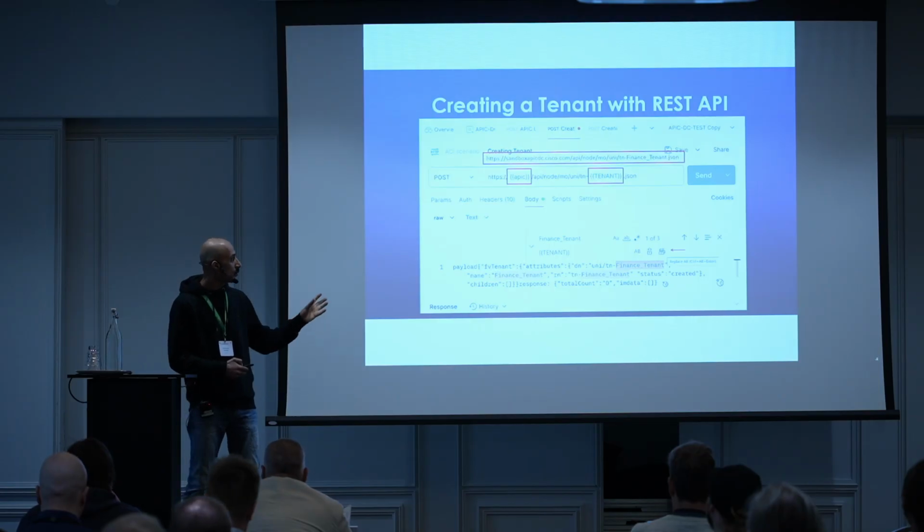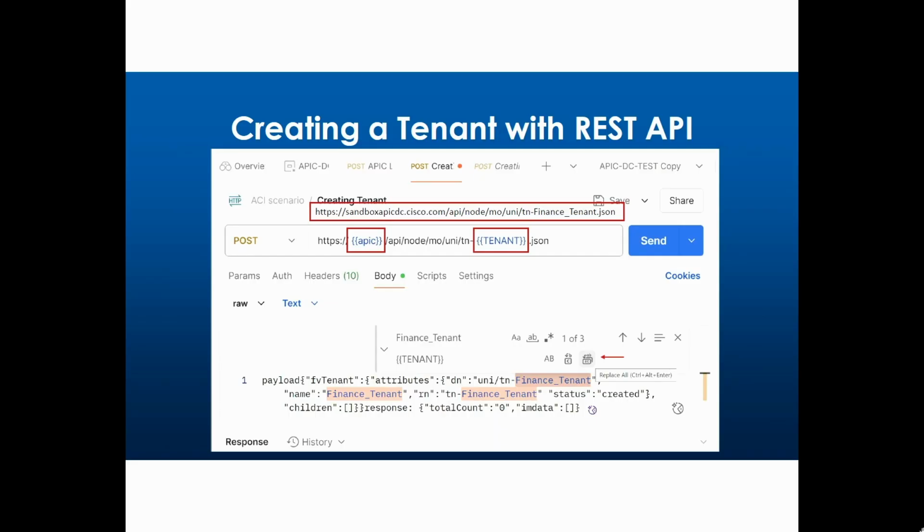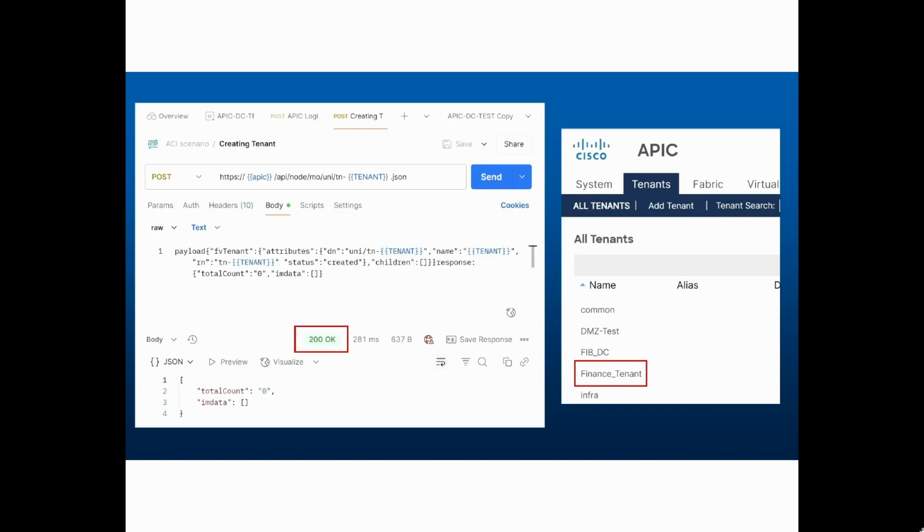And then we can modify the pulled API by the desired variable, here as a tenant. From the top of the picture, you can see the original URL that I pulled from the API inspector.